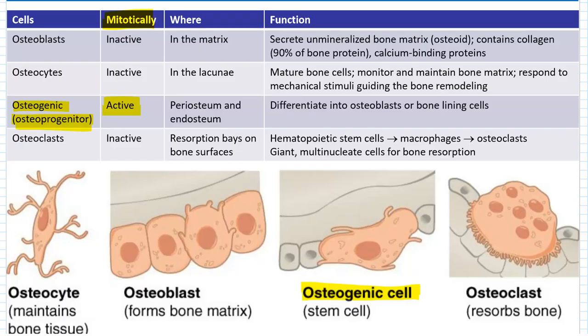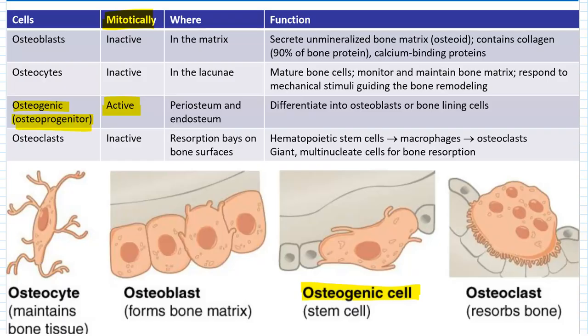When they divide, do you remember the terms that we used before? Differentiation and proliferation? Just a reminder. Proliferation, making more. Differentiation, becoming more specialized.